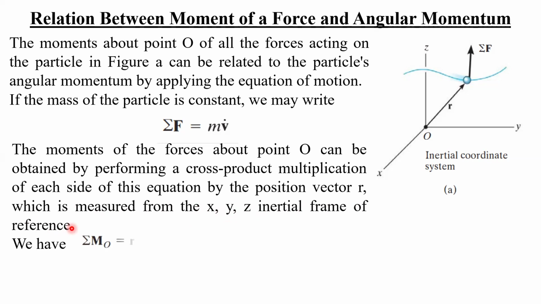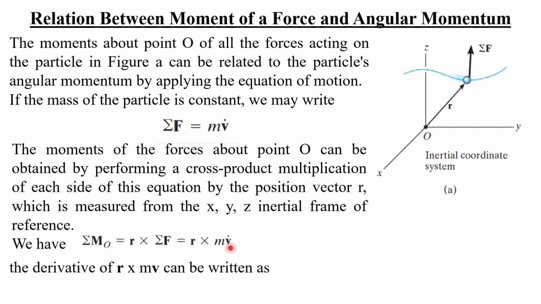We have summation M naught, that is the total moment. The total moment is R cross summation F, which is equal to R cross m V dot, or R cross m A.